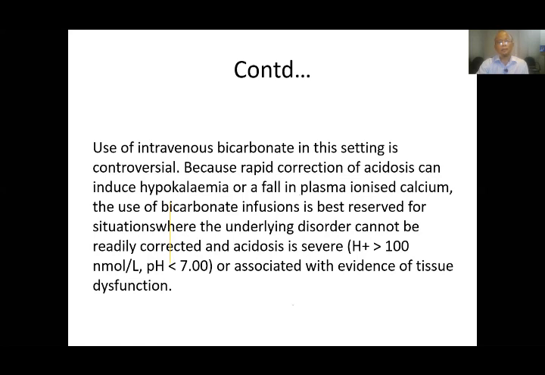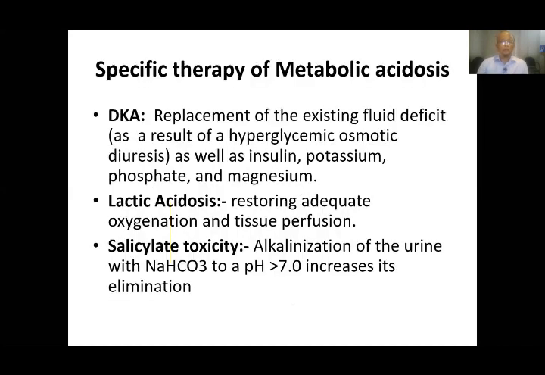Otherwise, the principle is like that of diabetic ketoacidosis: you have to treat hyperglycemia, replace the volume, address the electrolyte imbalance, then give the bicarbonate if not corrected. So a specific therapy of metabolic acidosis is replacement of the existing fluid deficit as a result of hyperglycemic osmotic diuresis, as well as insulin, potassium, phosphate and magnesium.